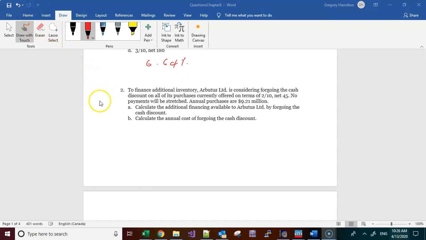So therefore, accounts payable, foregoing discount.